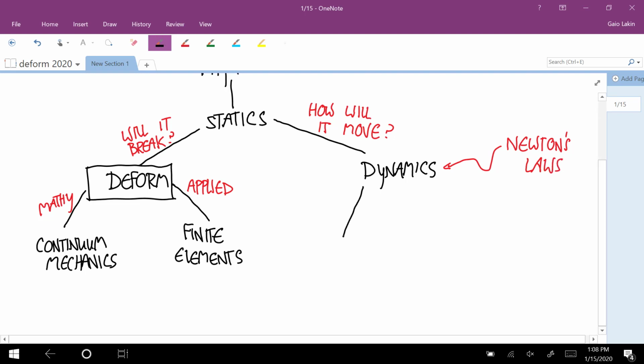And then from there, you can go to more dynamics. And usually the second class you take in dynamics will be based on energy approaches. And then the other way you can go from dynamics is fluid dynamics.